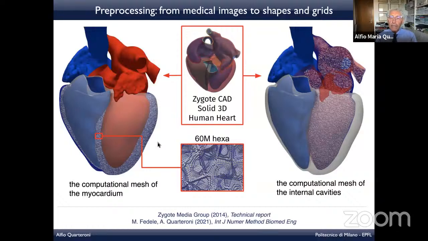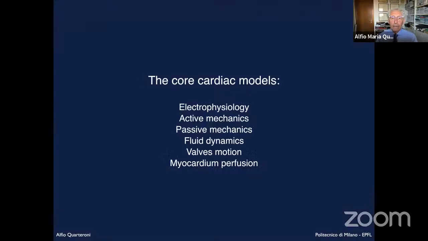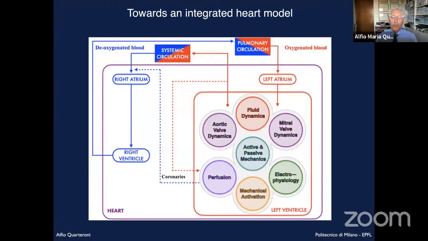Now we have all what we need to start with our model. And then we have to move and try to represent the actual function of the heart, all the physical processes that take place in the heart in terms of equations. And I'd like, first of all, to give you an idea of what is going to be at the very end the model.